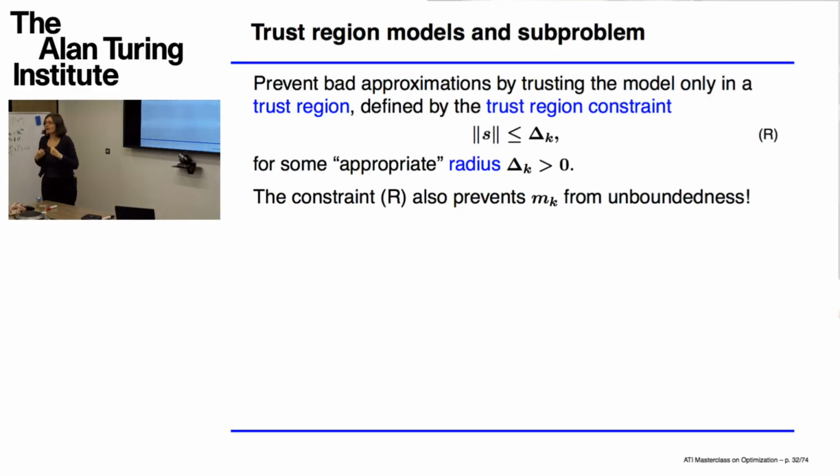If I knew a lot about my function, I could construct this Delta_k precisely as a region where this model would be a good representation of my function. Of course, I will not know this a priori. But still, I'm going to just trust this local model in a ball around my current point.